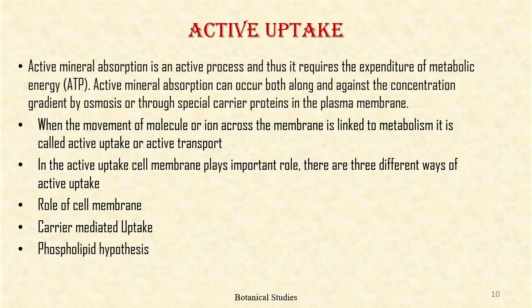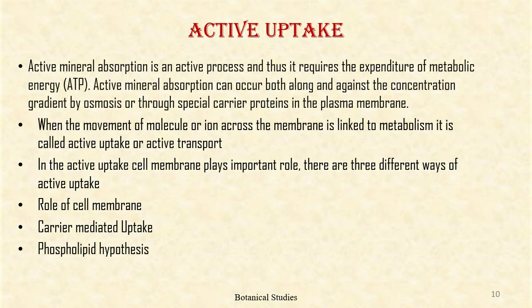Let us discuss active uptake. Active mineral absorption is an active process and thus it requires the expenditure of metabolic energy in the form of ATP. Active mineral absorption can occur both along and against the concentration gradient, by osmosis or through special carrier proteins in the plasma membrane.